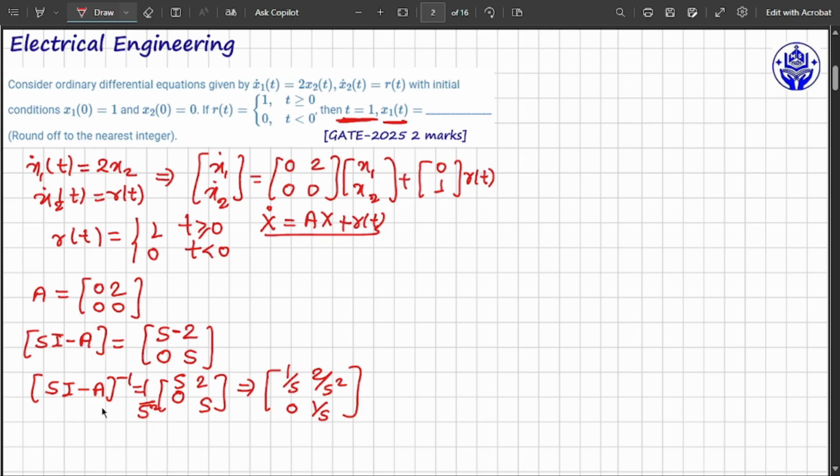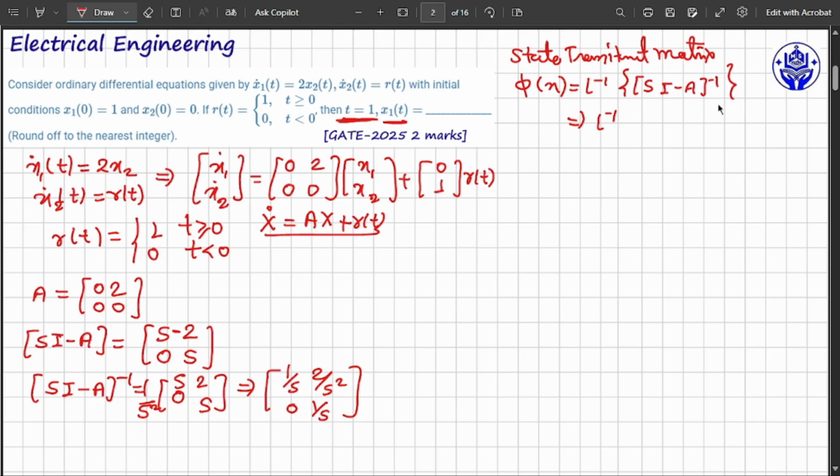Now, what is phi? It is called the state transition matrix. The state transition matrix phi of t is the L inverse of the matrix (sI minus A) inverse. So it is L inverse of 1 upon s, 2 upon s square, 0, 1 upon s.